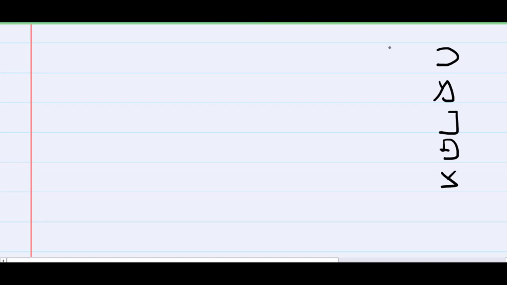The final Kaf, as you remember, extends down below the line. Mem, the box. Noon extends below the line. Pei extends below the line. And final Tzadi extends below the line.